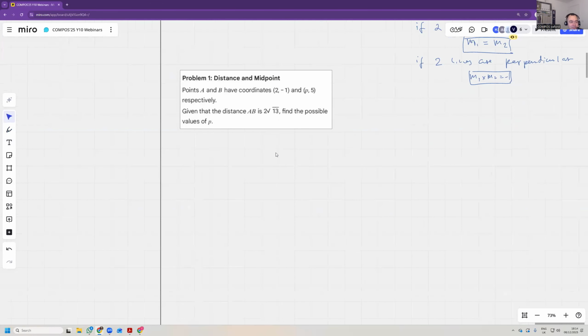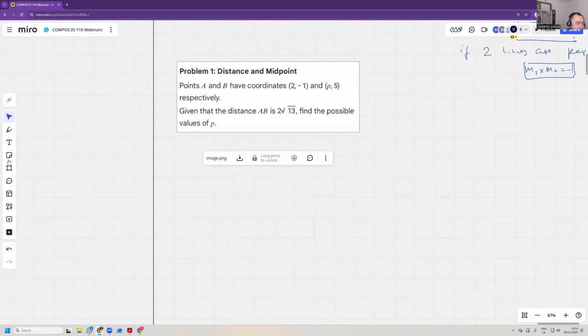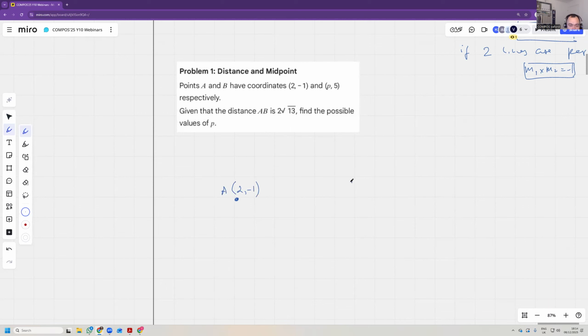Right, so points A and B have coordinates (2, -1) and (p, 5). When you're doing problems, you don't have to draw a coordinate system. Sometimes it's just enough to draw A is (2, -1) and B is (p, 5). But I suggest that you do draw things, though not necessarily on a coordinate plane.